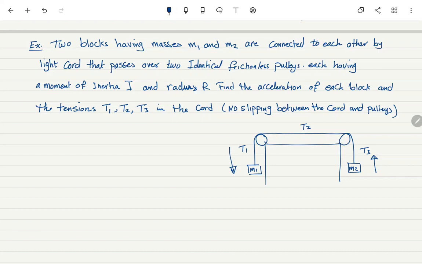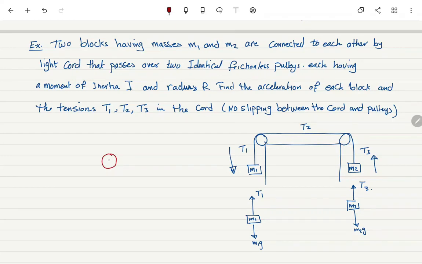Now let's draw the free body diagram for this one here. So M1 has tension T1 and weight M1 g. Now the free body diagram for this one here, this is M2. We have again M2 g, and we have tension T3. Now let's also draw the free body diagram for the pulleys.